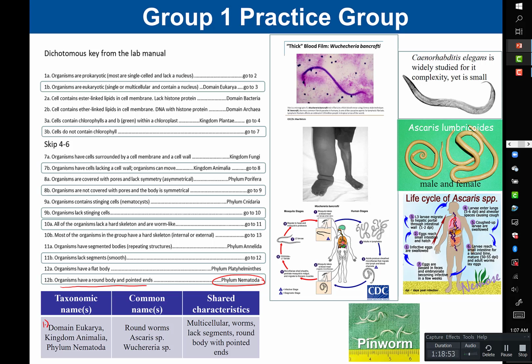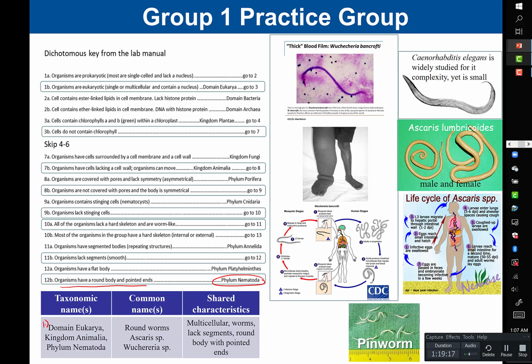So that definitely needs to be in your shared characteristic. The other ones are things along the way that you might have come across that make it unique. So worms, they're not segmented worms, and they're round body with pointed ends. Those are the things you would put in your shared characteristics.